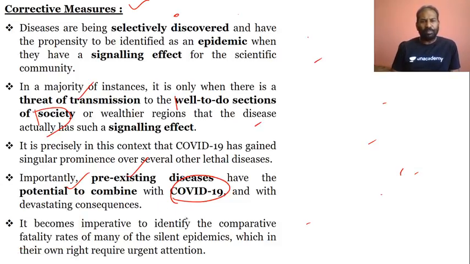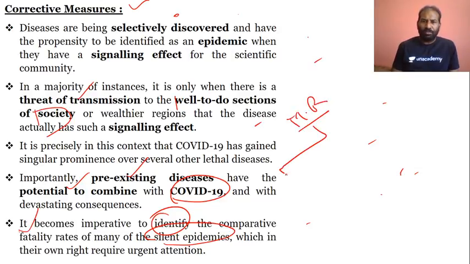And now it becomes imperative to identify the comparative fatality rates of many of these silent epidemics. So we have to look at the mortality rate of the existing or silent epidemics, which in their own right require urgent attention, and also COVID-19.